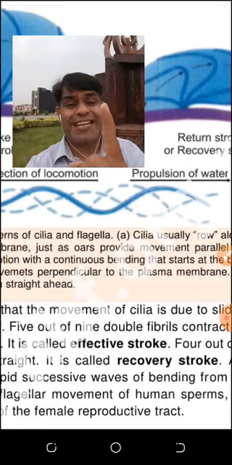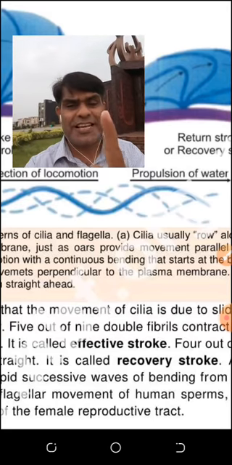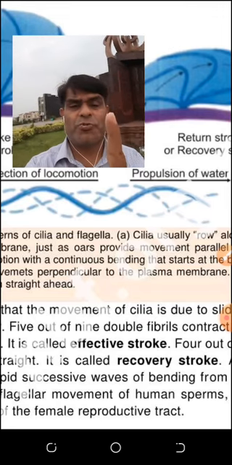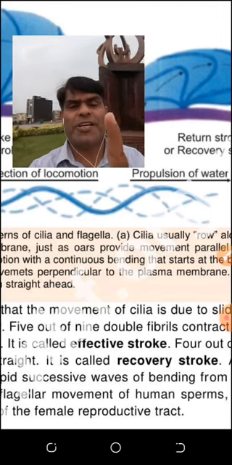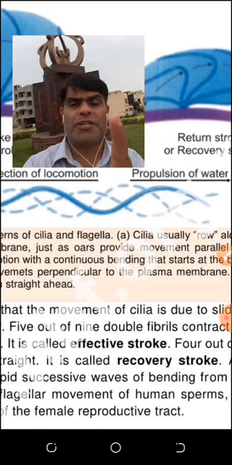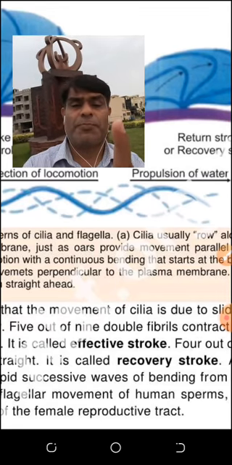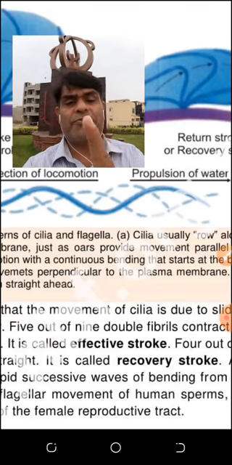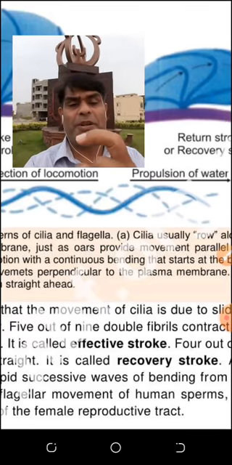The microscope tells us it consists of 11 fibrils. The central two are not involved in the movement because they just give strength by the spokes of the wheel attached to the peripheral fibrils.